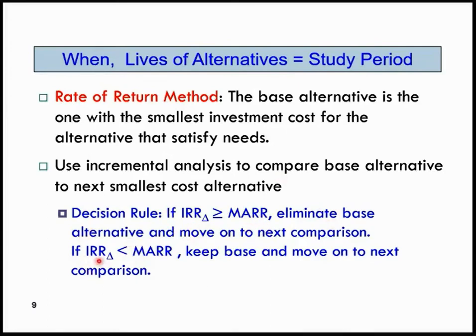Otherwise, if IRR of the incremental cash flow is less than MAR, then we keep the previous base and move to the next alternative in sequence. Okay, so this is how we use the incremental analysis. Don't ever select the alternative which provides the highest rate of return. Otherwise, you may fall into this wrong situation of inconsistent ranking.